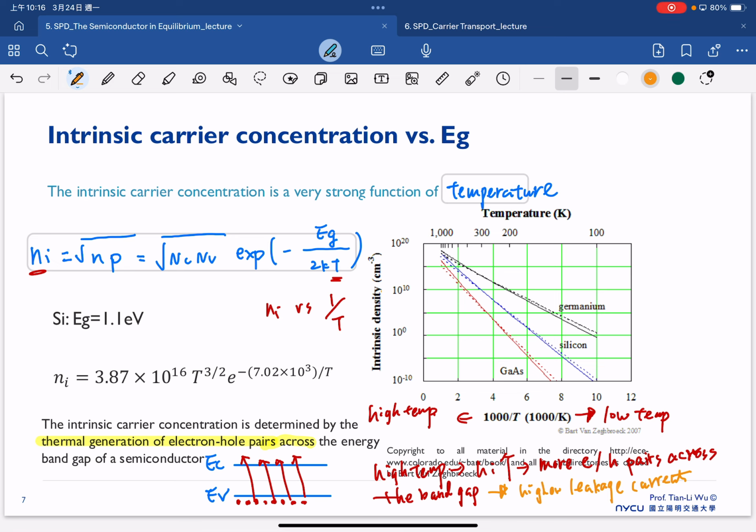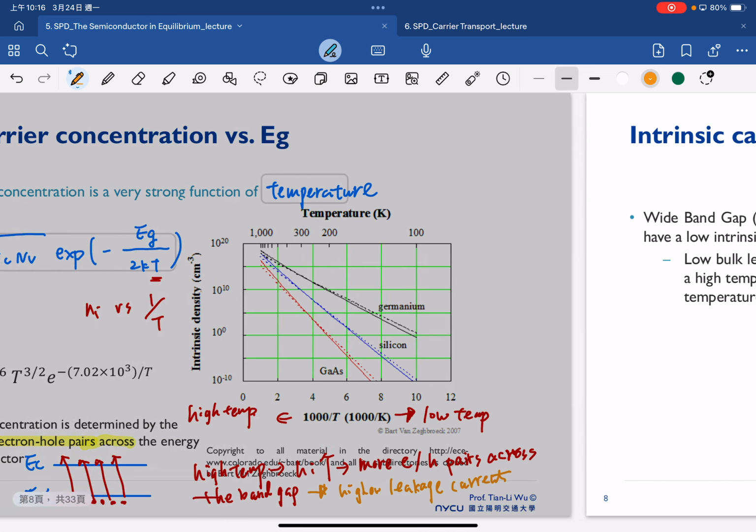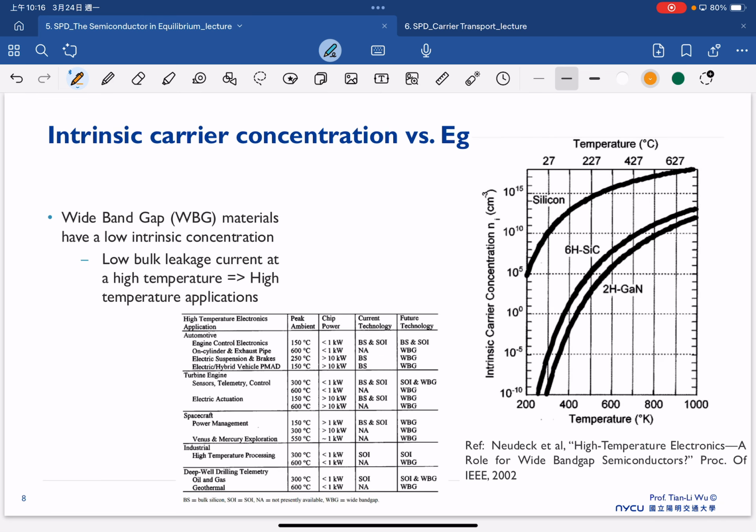With this understanding from the equation and the conclusion that the leakage current is highly dependent on temperature, we can also start to come up with the idea that we can use equations based on the material's properties to prove that a certain material might have certain good characteristics. So this is one of the examples that we all know.